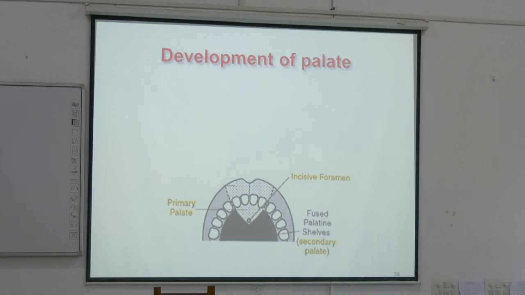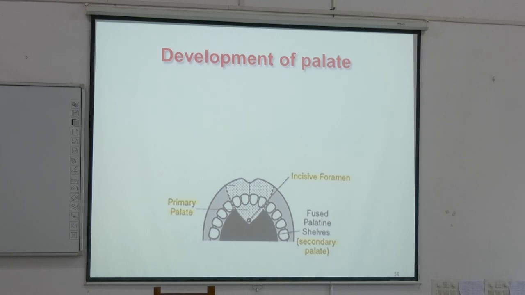Whenever you talk in embryology, we call the palate the primary palate and the secondary palate. So there are two elements embryologically: primary and secondary. The primary palate develops from one source, the secondary palate develops from another. Again, that's very easy. You have to remember two pieces of information. Majority of the work is already done.